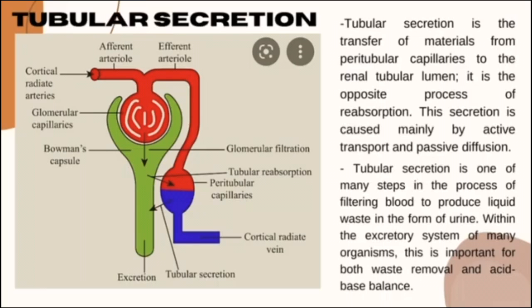Within the excretory system of many organisms, this is important for both waste removal and acid-base balance. Usually only a few substances are secreted, and they are typically waste products. Urine is the substance left over in the collecting duct following reabsorption and secretion.